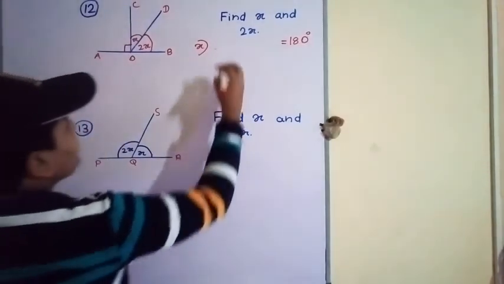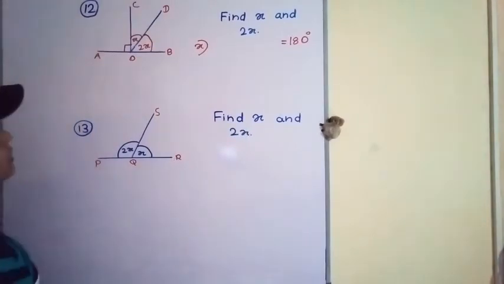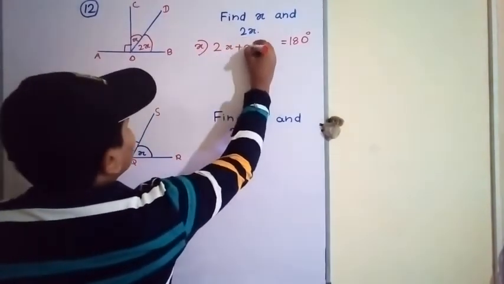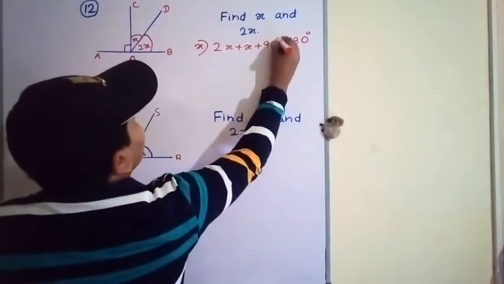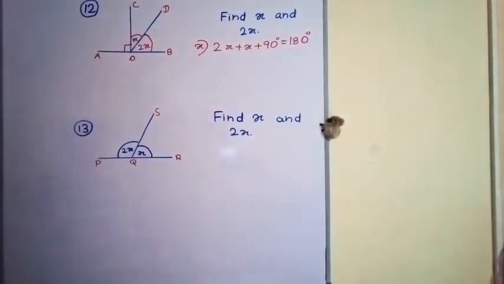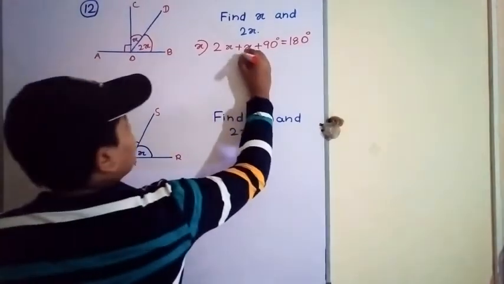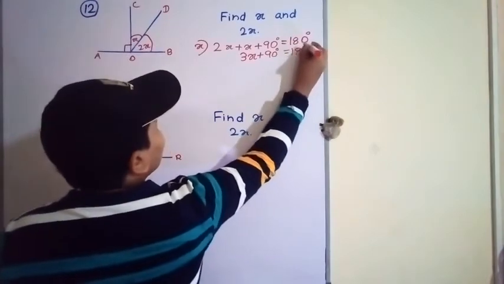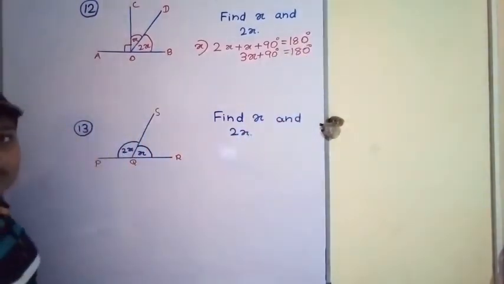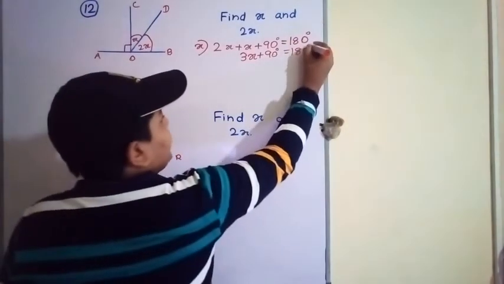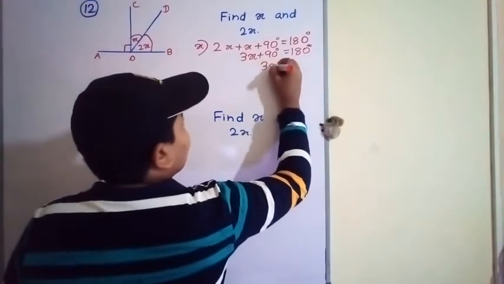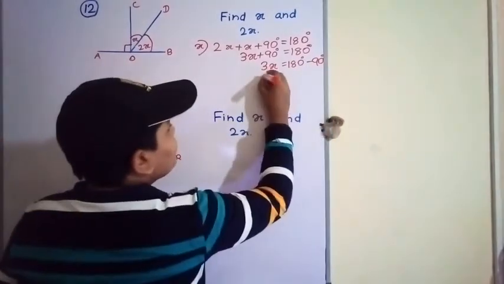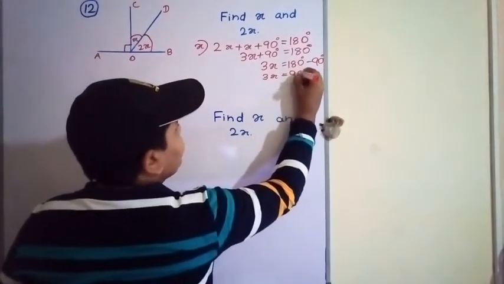You have 2x plus x plus 90 degrees means 180 degrees. Now, 3x plus 90 means 180 degrees. You subtract 90 from 180, and you have the answer: 3x means 90.